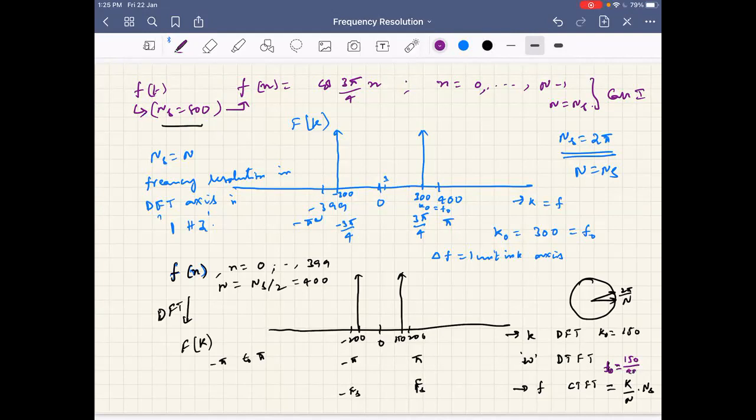N is 400 into Ns, that is 800, which is equal to 300 Hz. That is the correct F naught. Hence this works as the frequency normalization axis when we consider the number of samples less than, or more than, or equal to the sampling frequency in the signal.